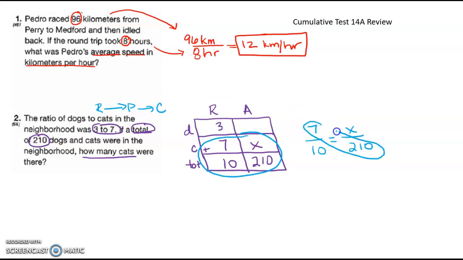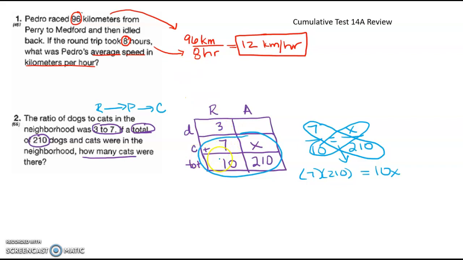I'm going to cross multiply 7 times 210 equals 10 times x. Oh, I lost my cursor. Sorry. So let's see, 7 times 210, let me put that in here, 7 times 10.